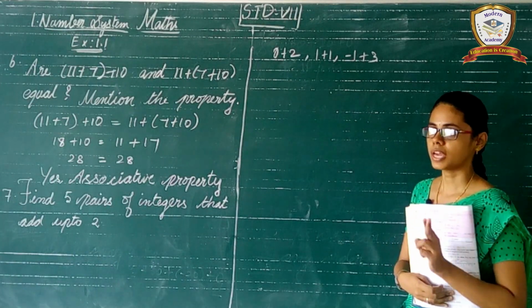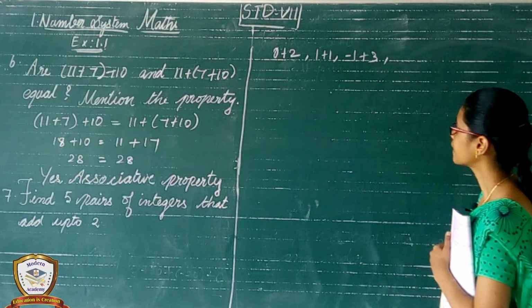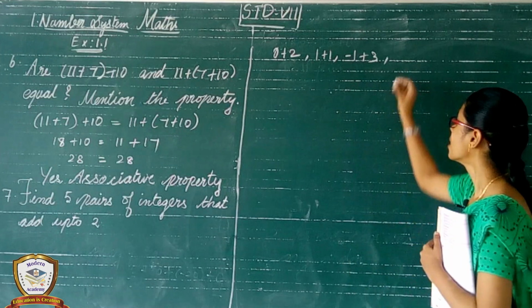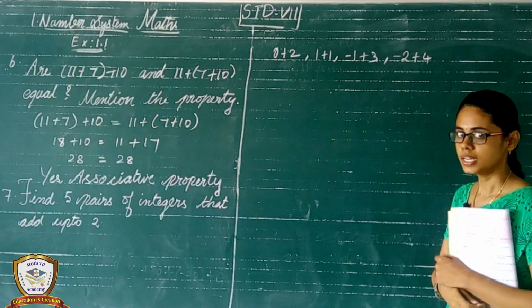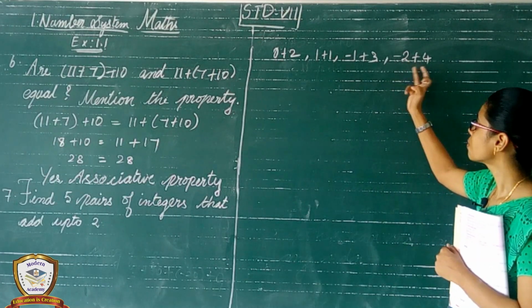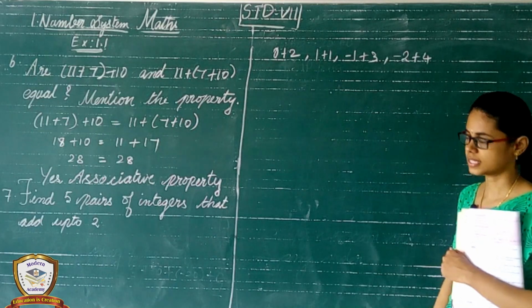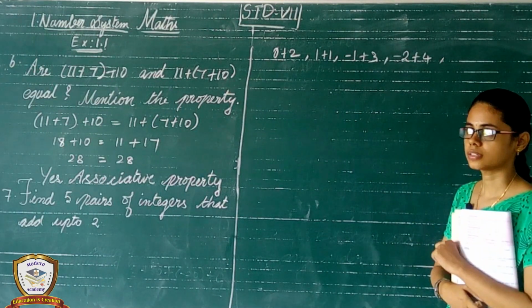Remaining 2 pairs we have to find. Any idea? Next one, what will come? Yes, -2 plus 4. So this is also another pair, isn't it? -2 plus 4 means the answer will come 2. Okay, next, the remaining one pair we have to find.